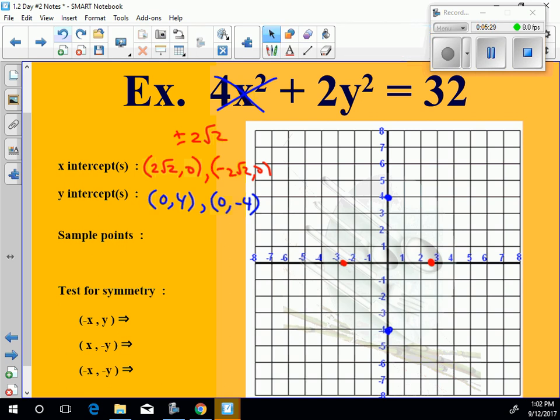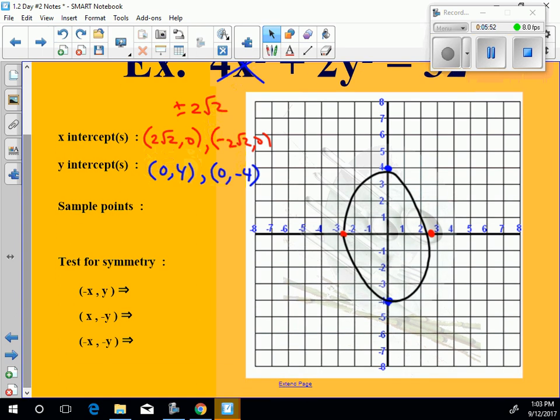Now, you can anticipate this is actually the form of an ellipse. This ellipse is elongated in the y direction. It's going to look like this. So does this graph have x-axis symmetry? Sure. Up here I've got (0, 4), and down here I've got (0, negative 4).